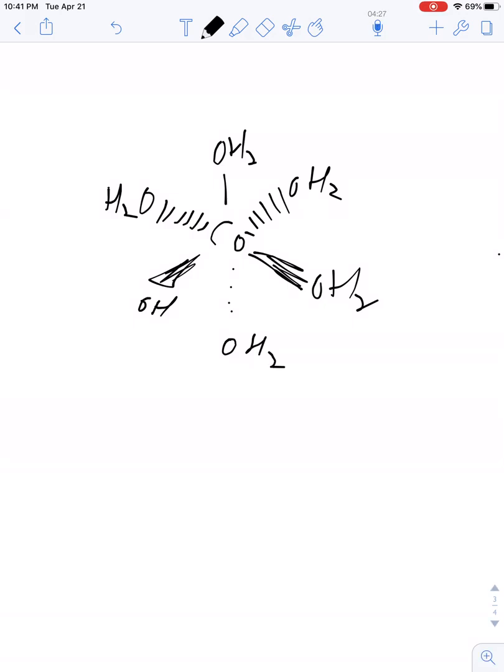When we added the ammonia, it began to replace these. Now, why would ammonia replace the waters?